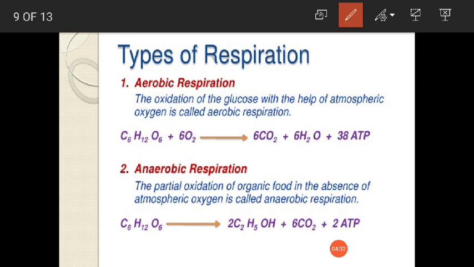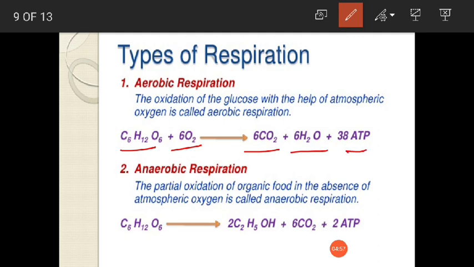Here you can see in the equation form, the oxidation of glucose with the help of atmospheric oxygen is called aerobic respiration. It is the simple equation of respiration. Glucose combines with oxygen to give carbon dioxide, water and 38 ATP energy.